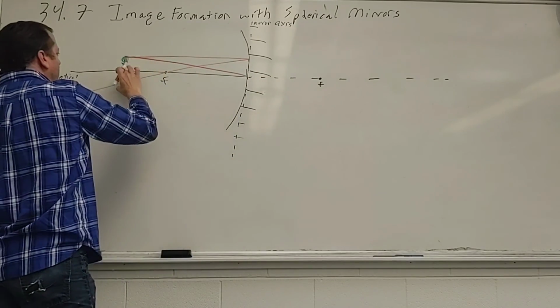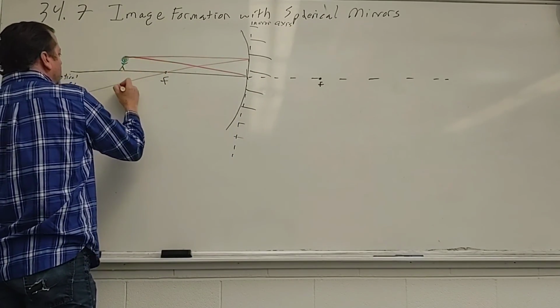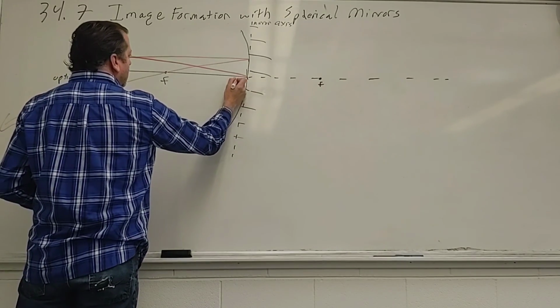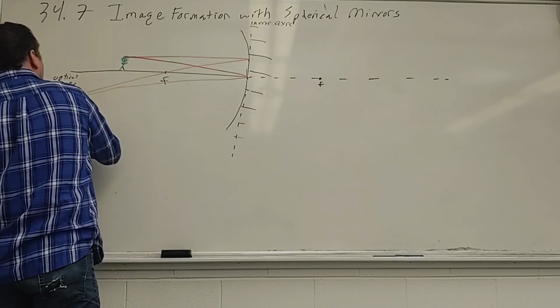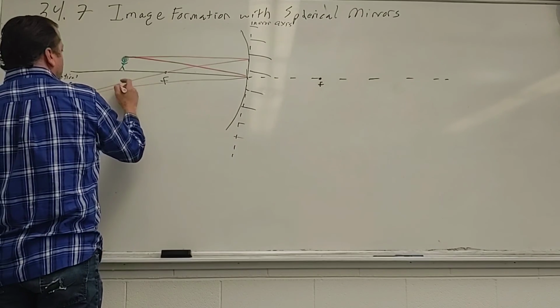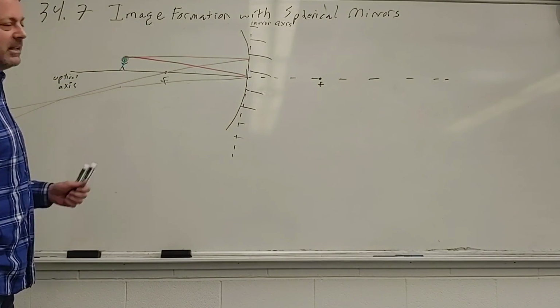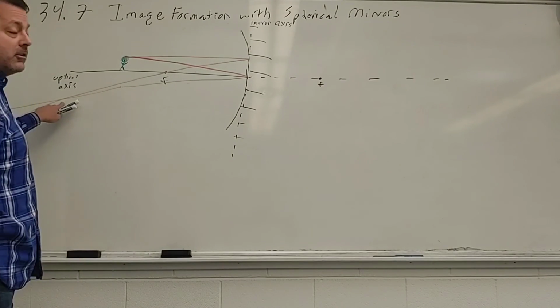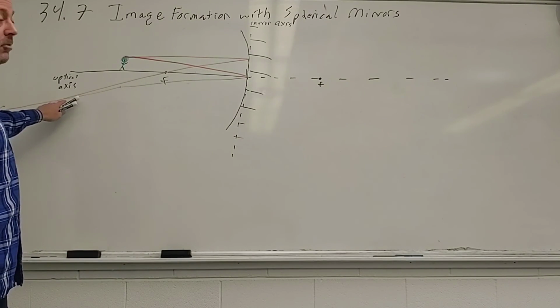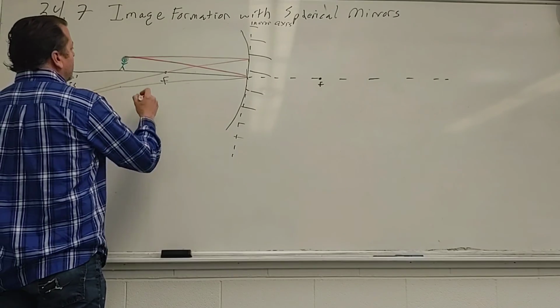What I like to do to help me draw these diagrams is put a little mark here. So that lets me know kind of where the top of the person is if they were upside down. That gives me that symmetry. I already got it across, so it's probably going to form a real image. So let's look at the third one.